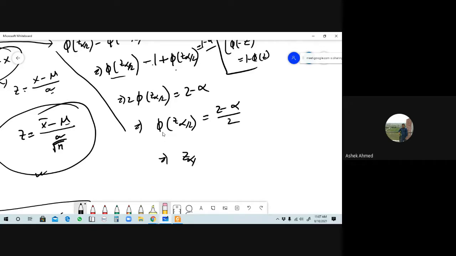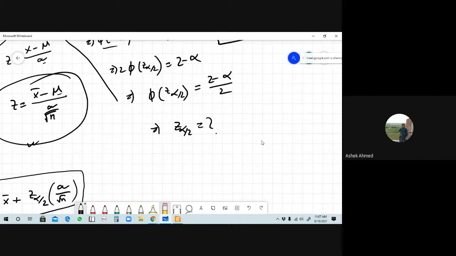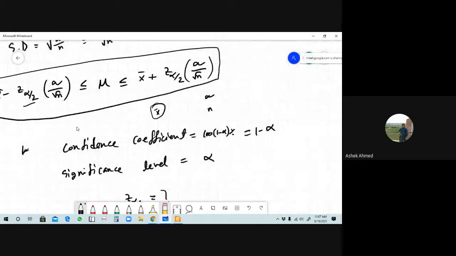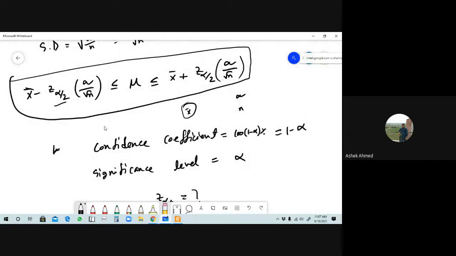After finding all values, if you substitute those values into this inequality, then you will get the desired inequality, which is the confidence interval.